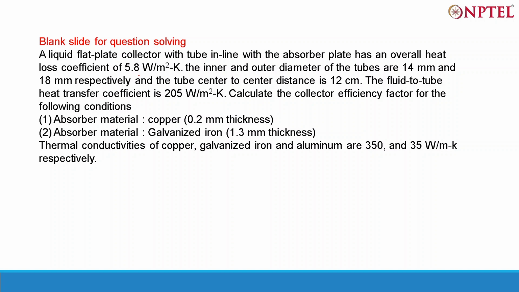So let me tell you. A liquid flat plate collector with tube in line with the absorber plate has an overall heat loss coefficient of this much. Okay. So first the data which you have, just write it down. U_L equal to 5.8. And then inner and outer diameters of the tubes are 14 mm and 18 mm.